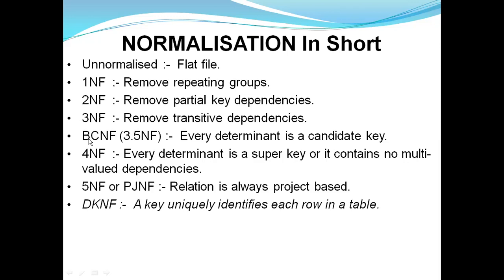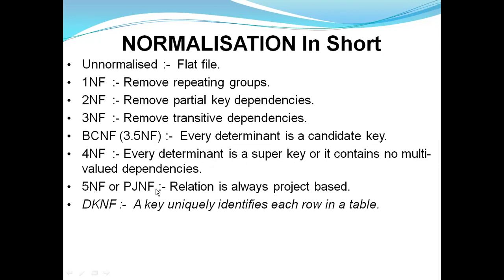So in BCNF every determinant is a candidate key. Next is 4NF. Just next to this, every determinant is a super key. Here a candidate key, here a super key, or it contains no multi-value dependency.